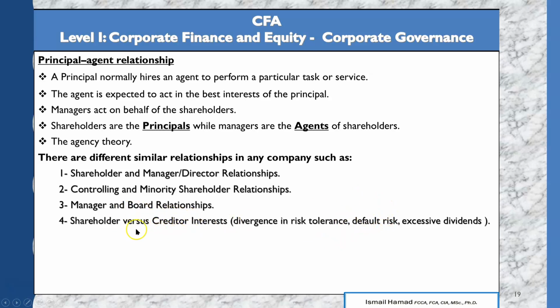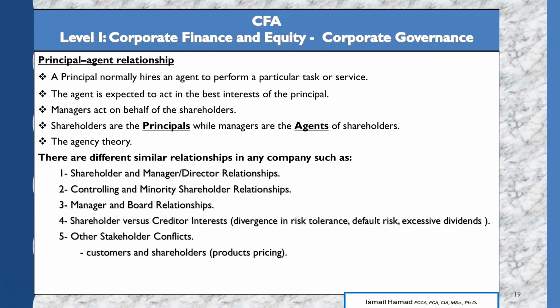Creditors will be worried that the company may not be able to pay the principal and the interest on the loan. Also, there is a risk of excessive dividends. Managers might bypass creditors to protect their principal by paying very high dividends to shareholders. So if the company collapses, creditors will suffer, and the shareholders will walk away with the dividend. Also, this is an issue. There are so many other stakeholder conflicts.